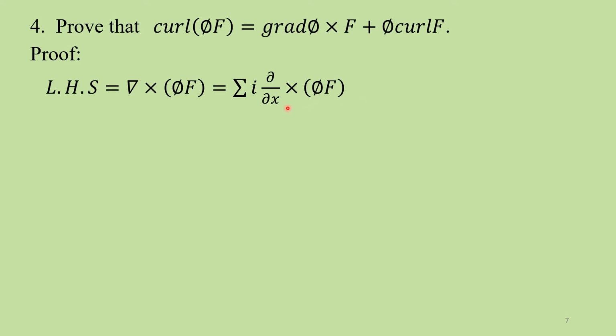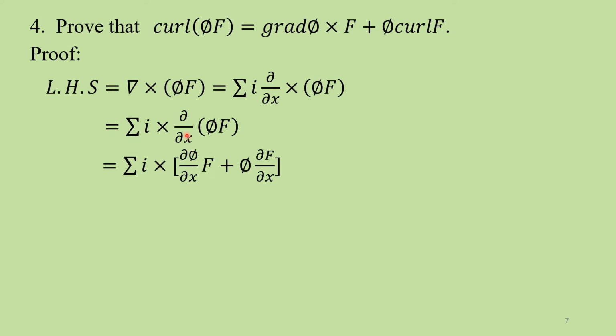Now I can take dou by dou x to here, that is summation i cross dou by dou x of phi f, which by differentiating partially with respect to x using the product rule, I get dou phi by dou x into f plus phi into the derivative of the second function, that is dou f by dou x.